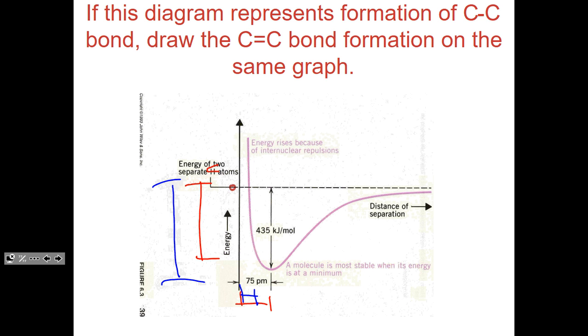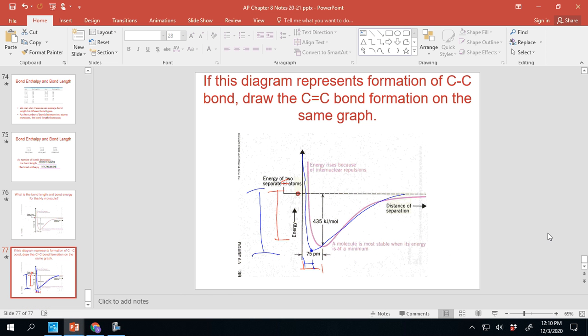So one gets bigger, one gets smaller, and we end up with a situation that looks similar to what it did before, but notice the bottom is shifted farther to the left and farther down. That's because the bond length decreases with the multiple bond and the bond enthalpy increases. It maintains the same general shape, but where the bond length and bond enthalpy are is different in this new situation. And that finishes our fourth set of notes.